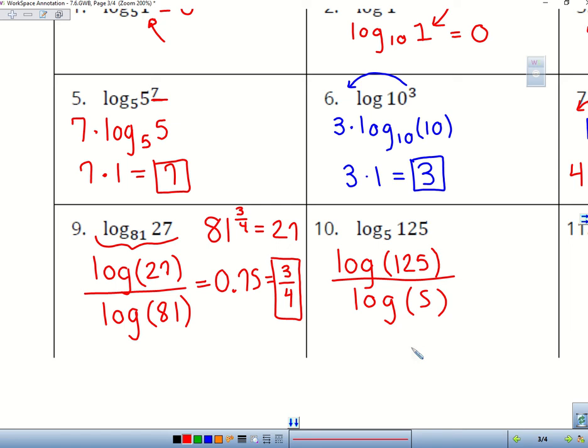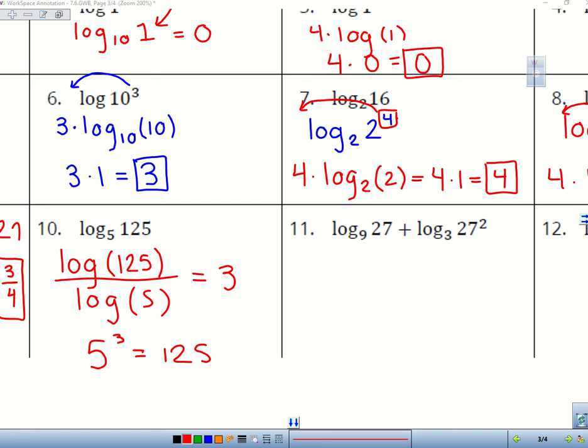Okay, so you ready? So you type in 125, you hit that log button on the top, divided by 5 log, equals. What did you get? 3. So that makes sense because 5, the base, to the 3rd power is equal to 125. We just found what exponent would get me there. Does that make sense to everyone what that means? Okay.